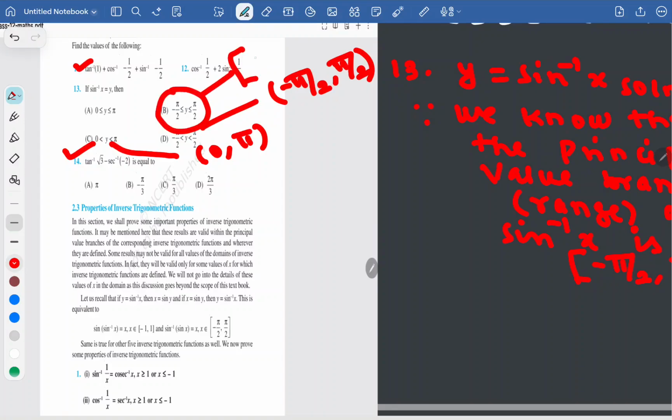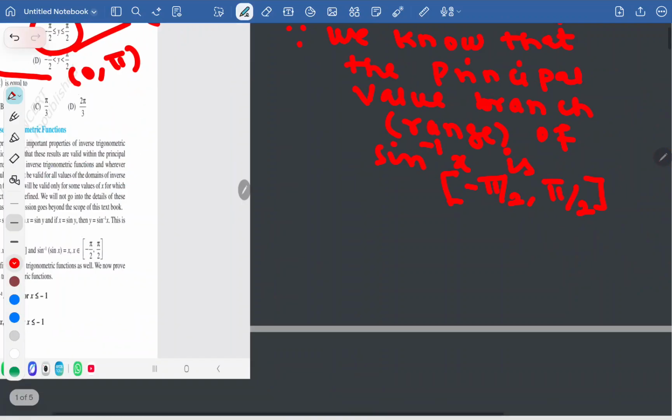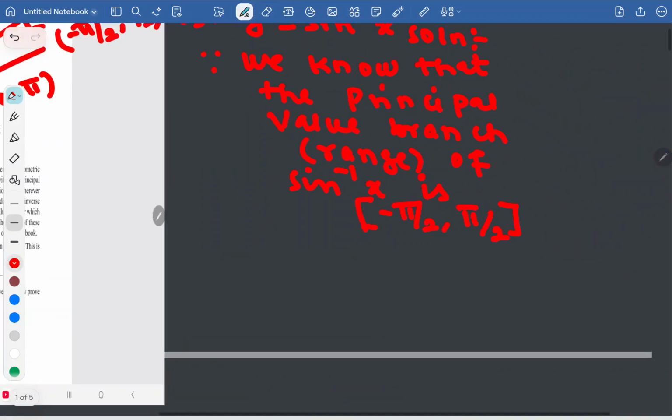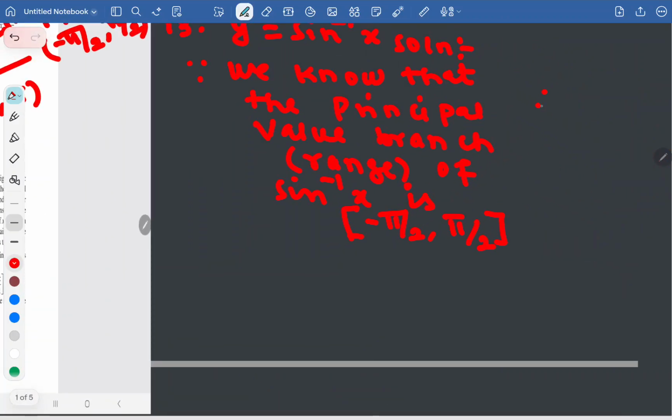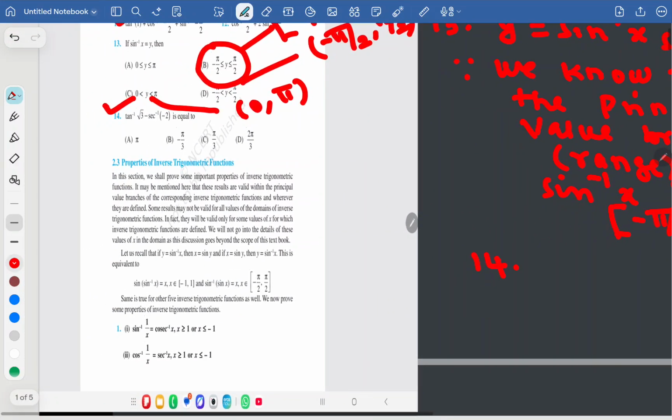It represents closed minus pi by 2 comma pi by 2. Therefore option B is the correct option.